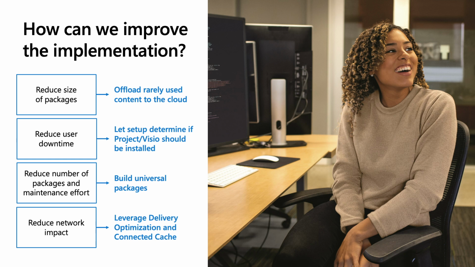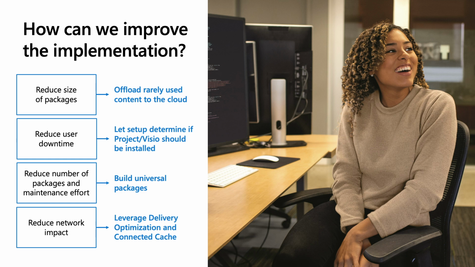Why can't we install this in one pass? Why can't the setup automatically understand which products a user needs and install what is required? If we can implement this, we can reduce the user downtime. And then, as mentioned before, we have packages which are specific to a certain scenario.